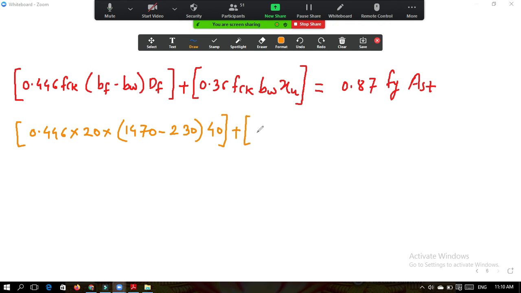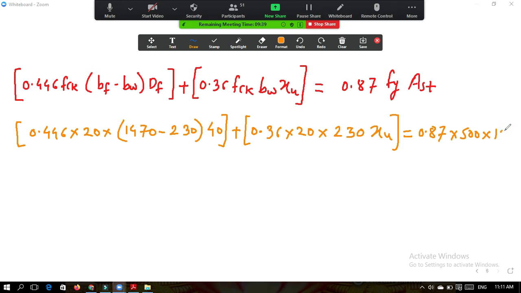Plus, in the second bracket, 0.36 into FCK, again 20, into BW, which is 230, XU as it is, which is equal to 0.87 into 500 into 1256.63. Okay, so if you solve this, you will get the value of XU.